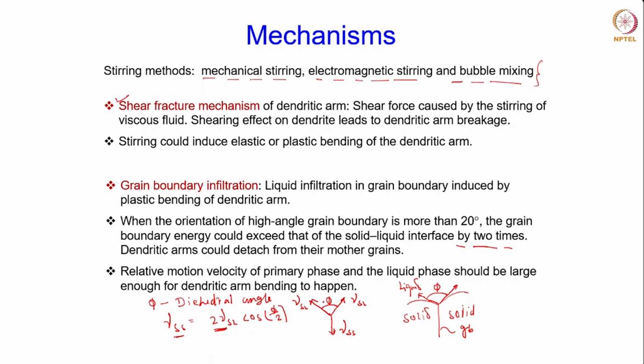So as it happens, as the liquid penetrates the grain boundaries of the dendrites, the dendritic arms could detach from their mother grains. Okay, but for this to happen, the relative motion velocity of primary phase and the liquid phase should be large enough, and that is why you need to stir the melt vigorously by using one of these means, right?